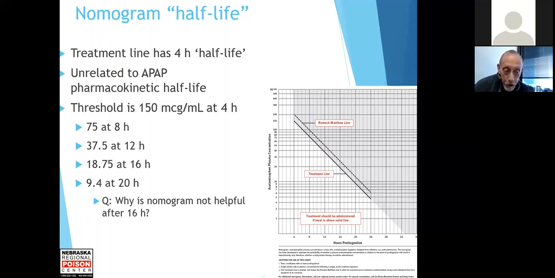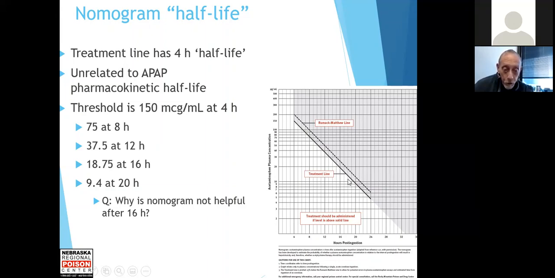So what does that mean? The threshold based on the nomogram is 150 at 4 hours, it's 75 at 8 hours, it's 37.5 at 12 hours. And you can see where I'm going with this. As you get further and further out from the ingestion time, it's just not that useful.